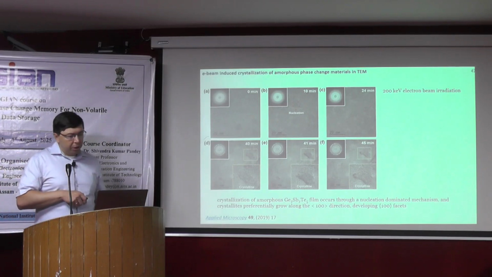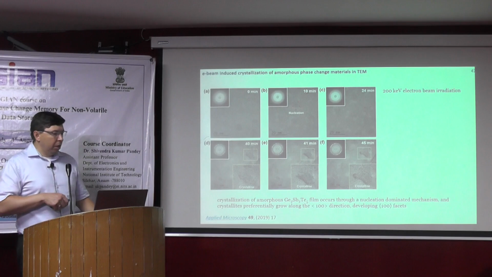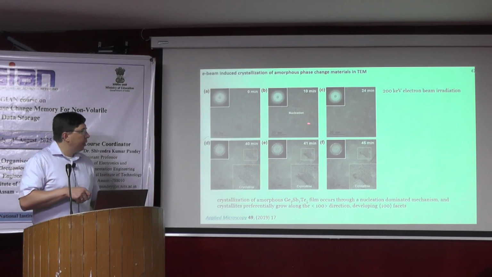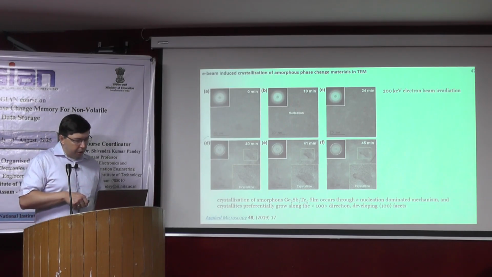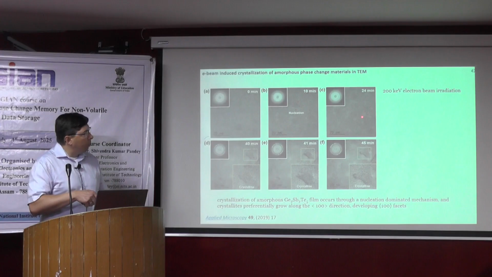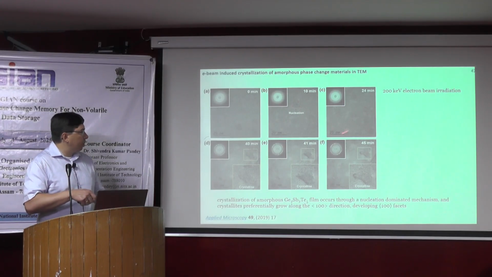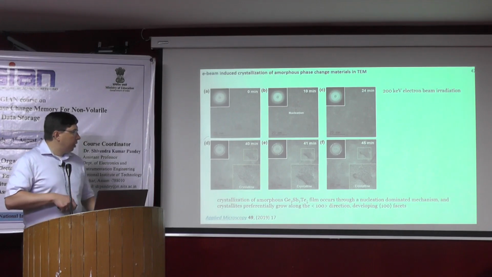Because this material is nucleation dominated, you don't see the growth of these crystallites. Rather, we see the nucleation of additional crystallites. Here you can see more of these dark areas, here and here, so it's more and more.